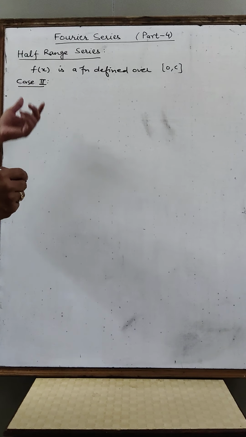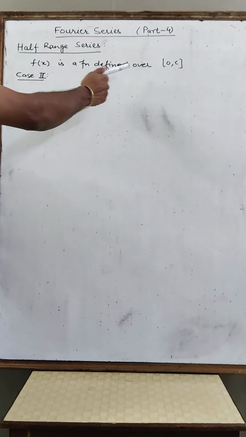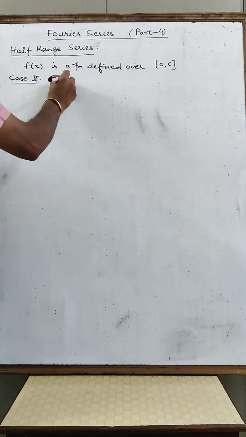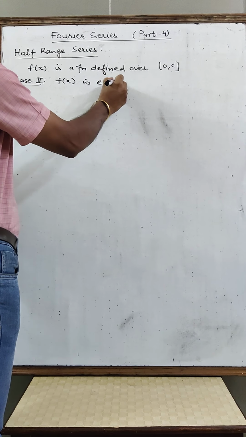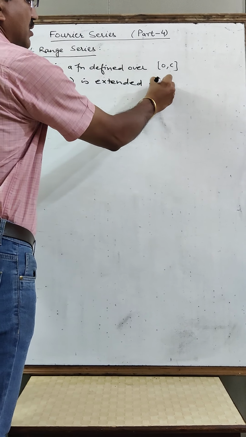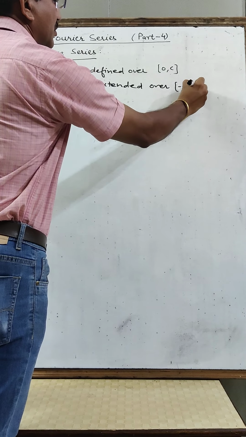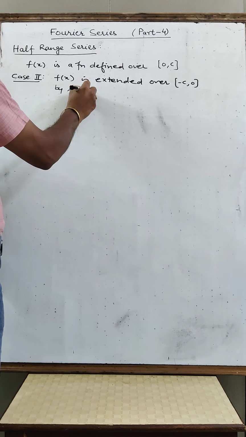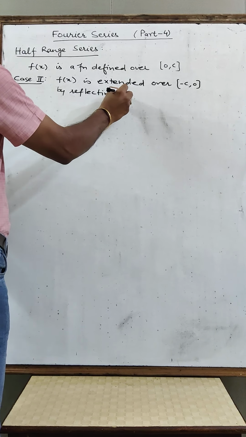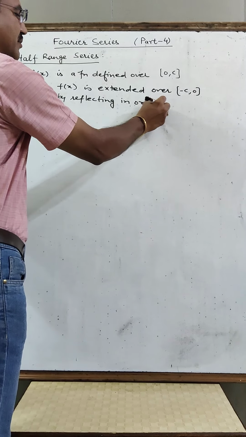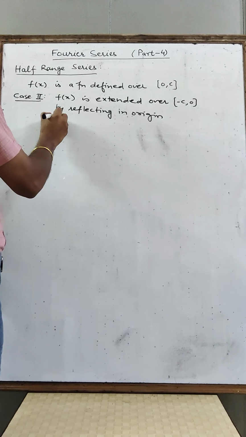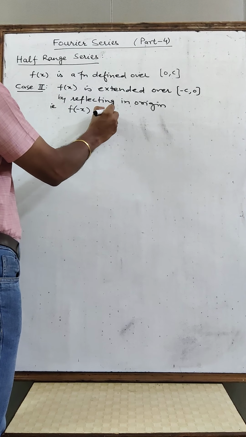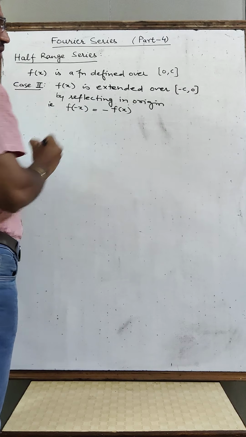So now students, we will take the second case, that f(x) is a function defined over the interval 0 to c. f(x) is extended over the interval minus c to 0 by reflecting in origin, that is, taking it as an odd function, that f(minus x) is equal to minus f(x).